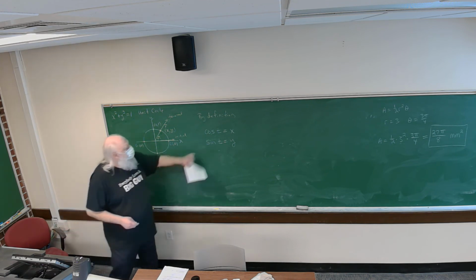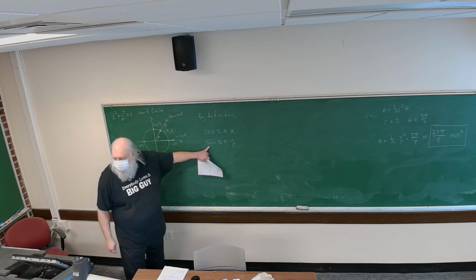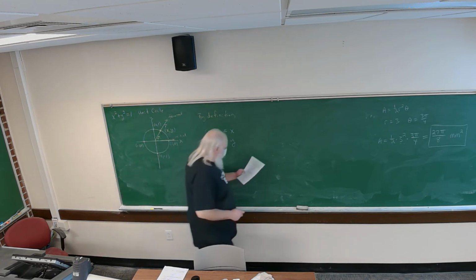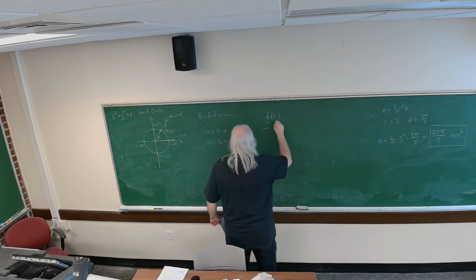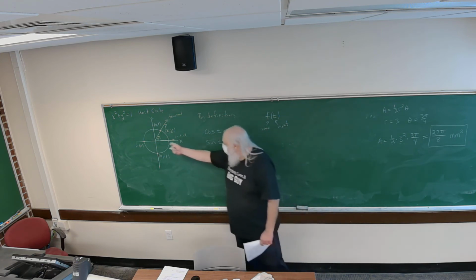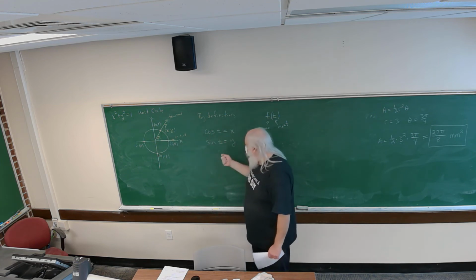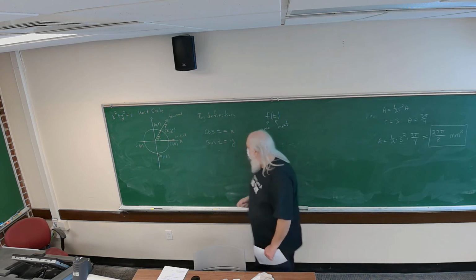Now, cosine and sine are functions just like f of x. So if I have f of t, you know that f is the name of the function and t is the input variable. I'm using t instead of x as my input variable, the angle in radians.